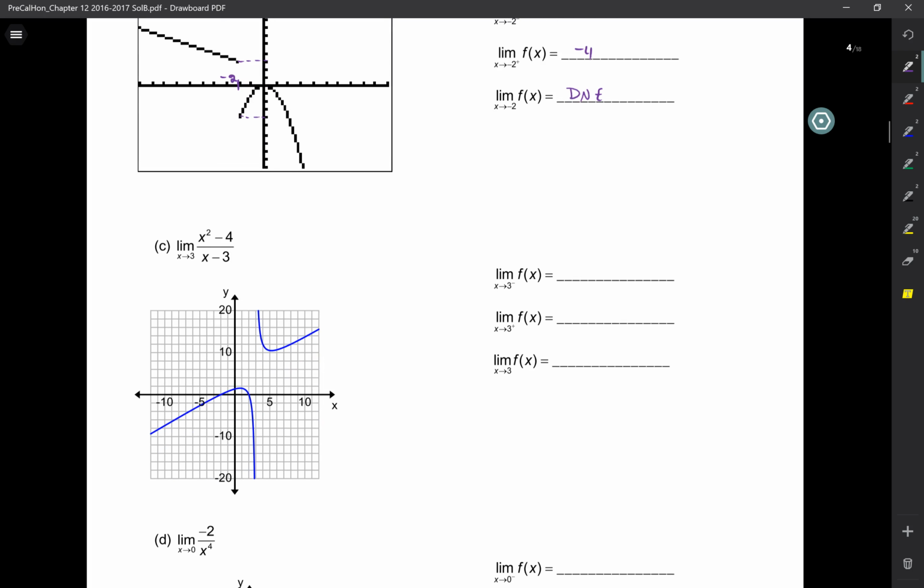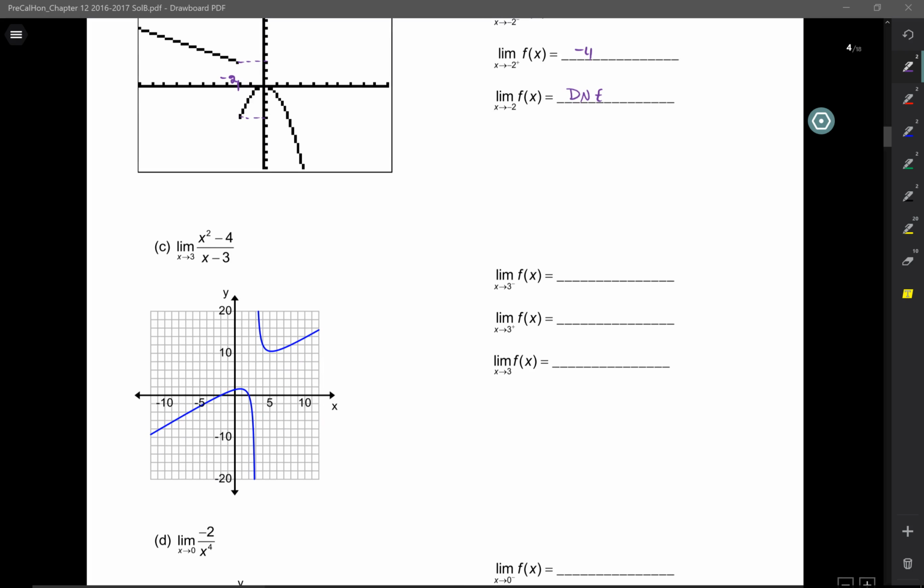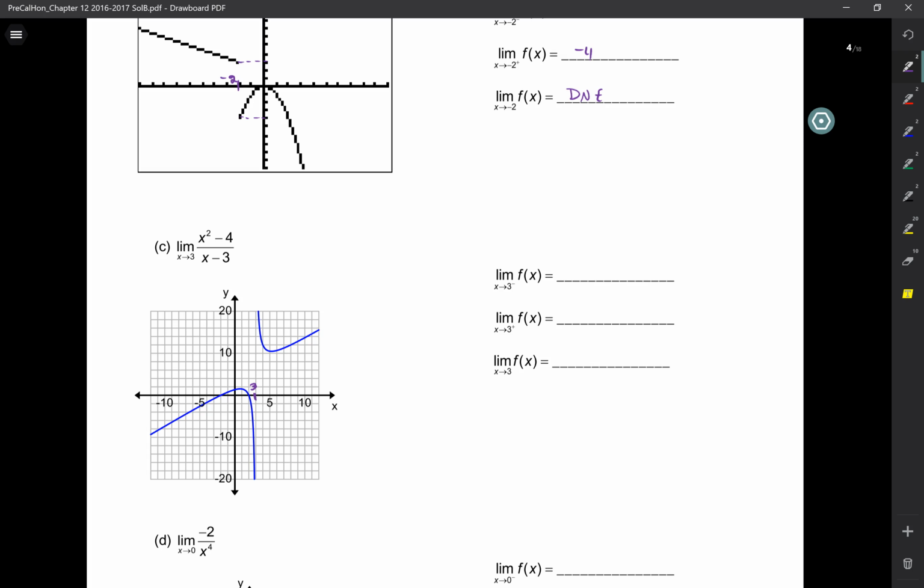Okay, here we go. The limit as x approaches 3 from the left side: you're this guy walking to 3, all of a sudden you see the graph drop into an abyss to negative infinity.